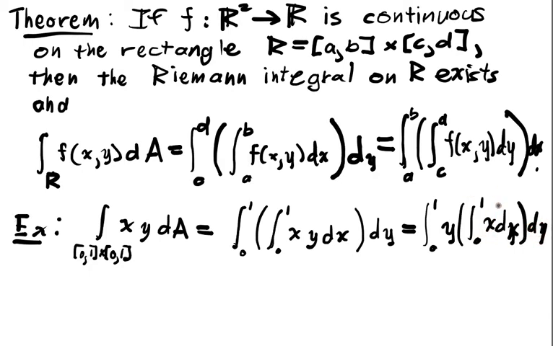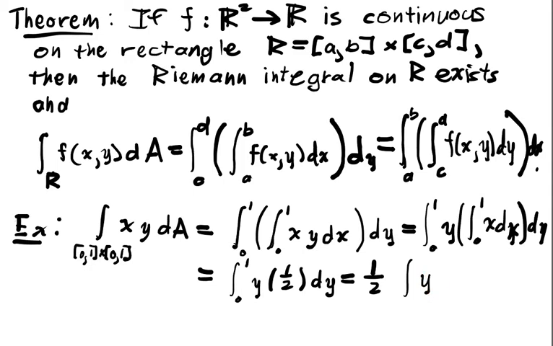And so now we integrate this thing with respect to x. And what do we get? Well, we'll get 1/2 x squared evaluated at the limits. The lower limit is 0, so it dies. The upper limit is 1, so I ultimately acquire just 1/2 dy, which is just constant, so I now have 1/2 integral y dy, 0 to 1. And similarly, this is equal to 1/2, and 1/2 times 1/2 is 1/4.